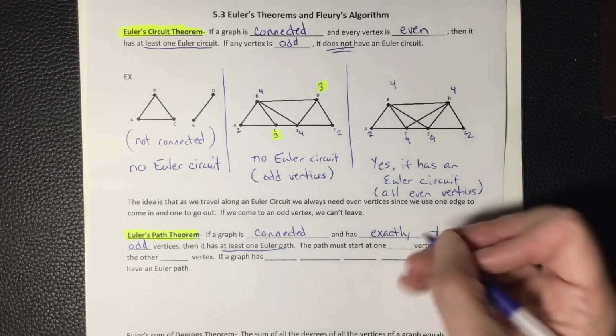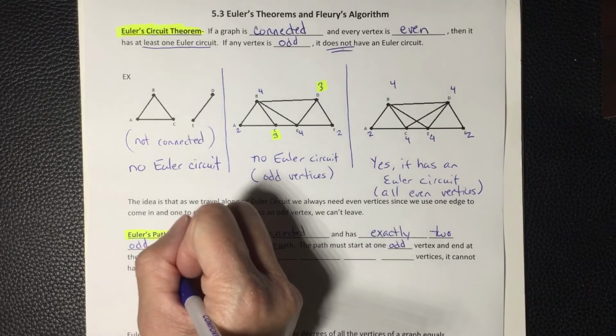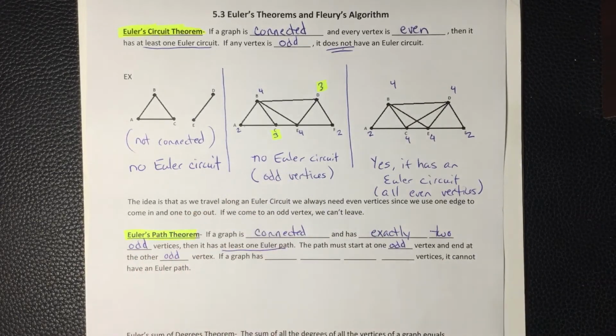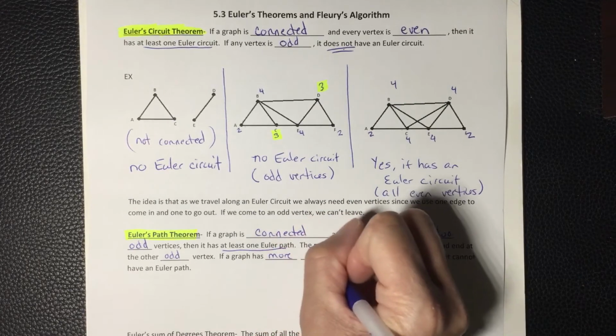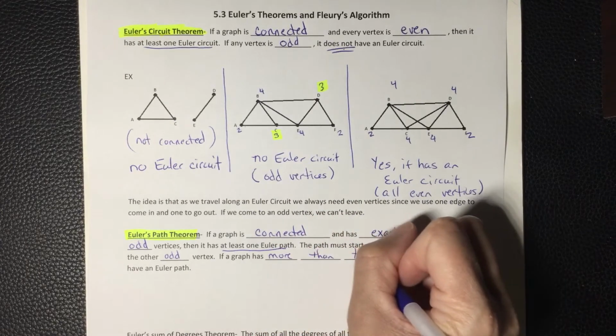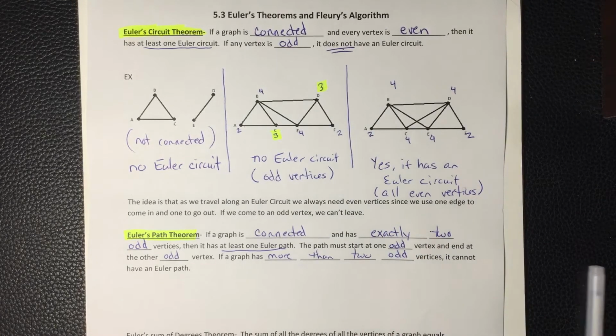The path must start at one odd vertex and end at the other odd vertex. If the graph has more than two odd vertices, it cannot have an Euler path. So this is a little different. We want all even except for where we start and end, and those can be odd.